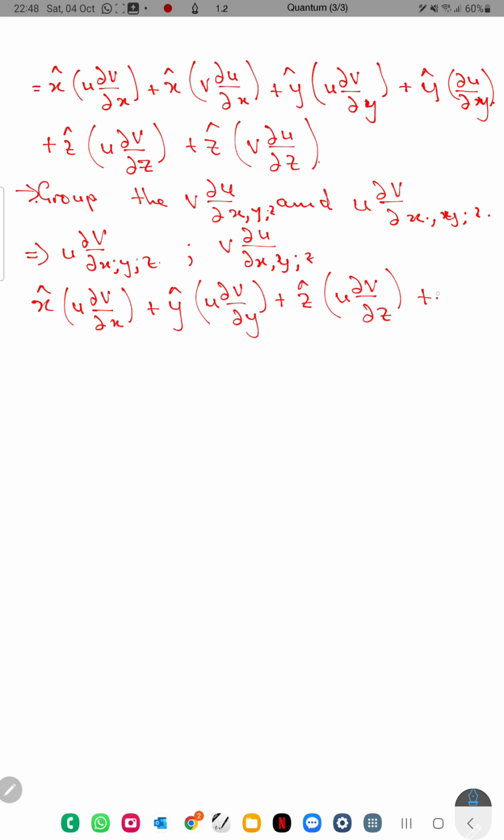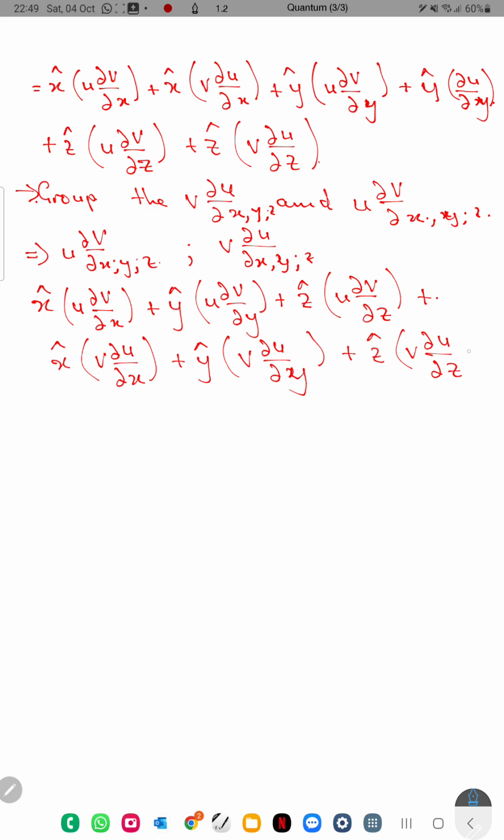So it's going to be x, v du over dx, plus y, v du over dy, plus z, v du over dz.